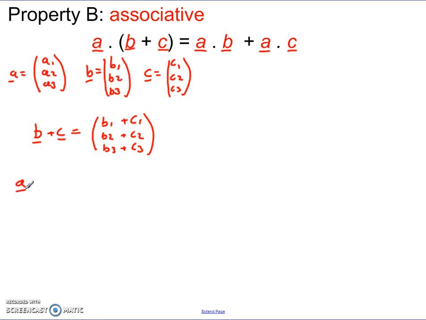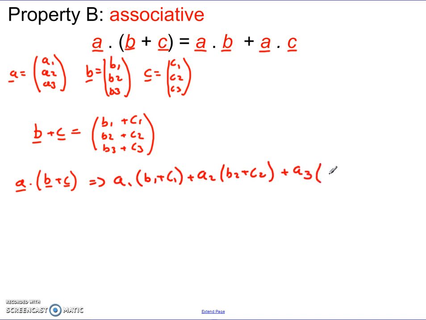So I can now do A dot the B plus C. And all I would do is take the scalar product of A with this vector here. So I then get A1 times the first term, which is B1 plus C1, plus A2 times the second term, which is B2 plus C2, plus A3 times the third term, which is B3 plus C3.